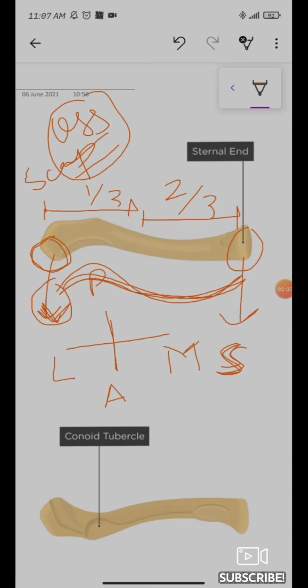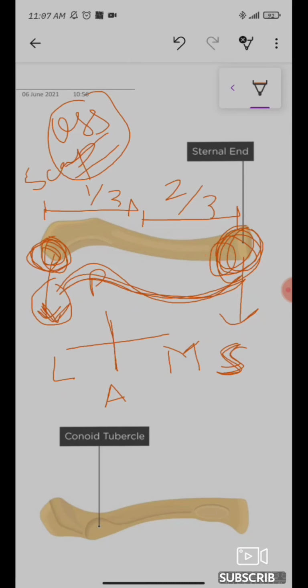acromioclavicular joint. Please take with you a notebook and a pen to write down everything and to revise later. So what we have said, it articulates with the acromion process of scapula to form acromioclavicular joint. And next, it is the sternal end.